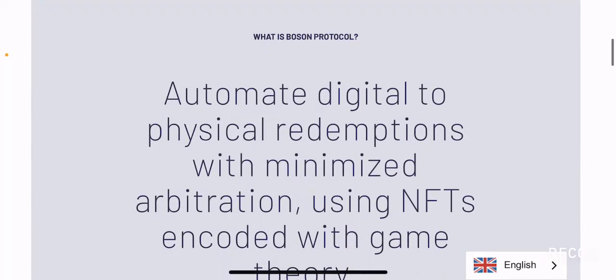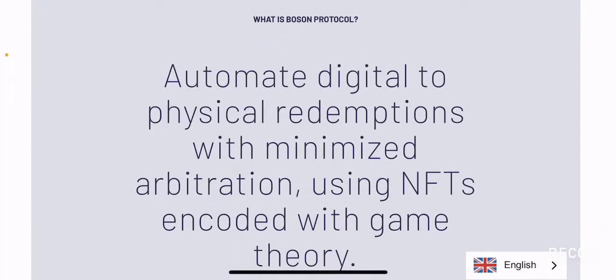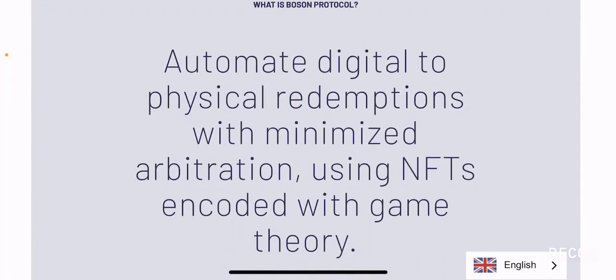So let's go to what is Boson Protocol. Boson Protocol is basically a protocol that automates digital to physical redemptions, right? With minimized arbitration using NFTs encoded with game theory. So what they aim to do is, let's say you have an NFT and that NFT is backed by something physical, a substance.